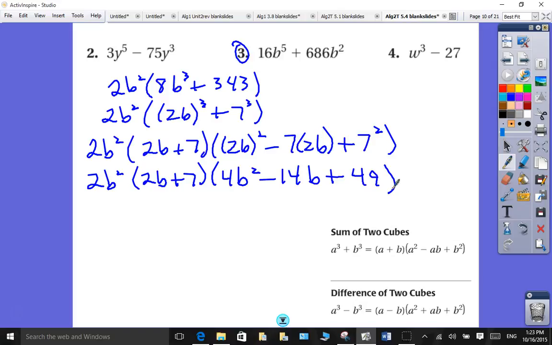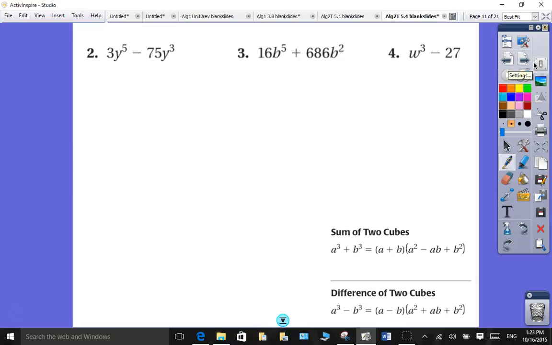Okay. Now, what about the third one? Here, it's actually the number 2. What would have been the greatest common factor on that one? Y to the third, more than that? 3y to the third, right? If I take out a 3y to the third, do I have a sum or difference of cubes?